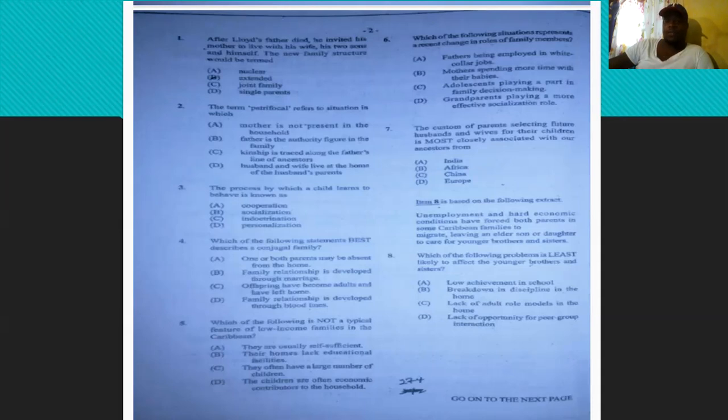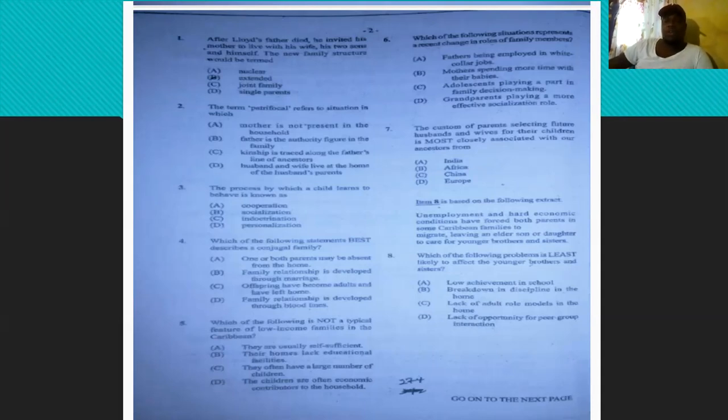Fathers employed in white collar jobs, traditional. Mothers spending more time with their babies, that's traditional. Grandparents playing a more effective socialization role, traditional. Non-traditional, which is new and has recently emerged, is adolescents playing a part in the family decision making, because back then children were to be seen and not heard. They didn't have a voice, they didn't have a say, right? But now families are changing. Children actually can express themselves, share their opinions, and contribute to decision making.